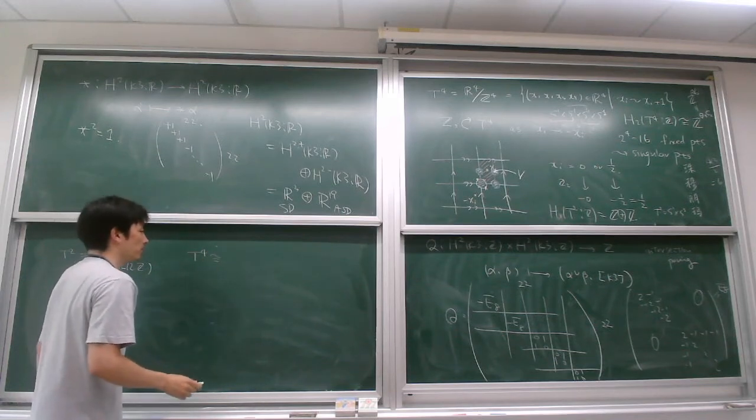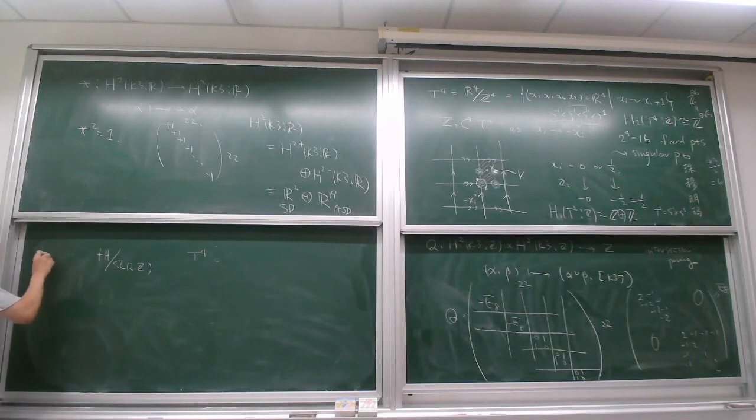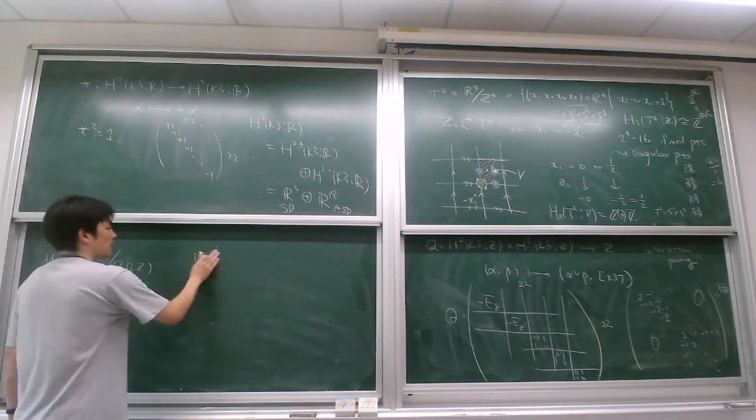You just consider the modular space of genus 1, the similar thing happens.